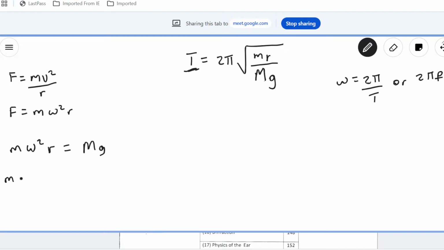If we substitute for omega, it's going to be 2 pi over T, squared, times r. And then you just transpose for T.